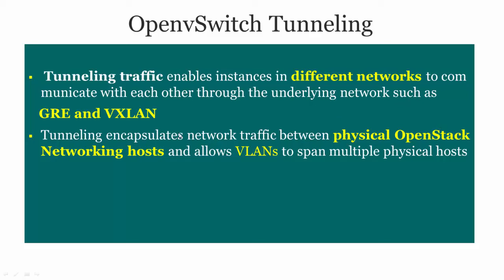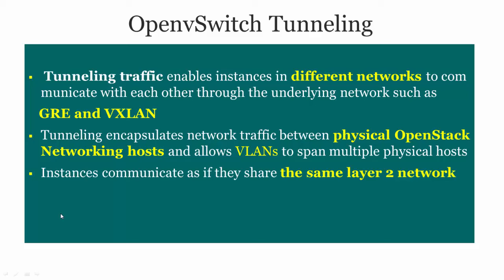Based on the OpenStack networking host, tunneling allows VLANs to span multiple physical hosts. Even with many physical hosts, they can reach each other using these tunneling features, which also use the GRE or VXLAN protocols.